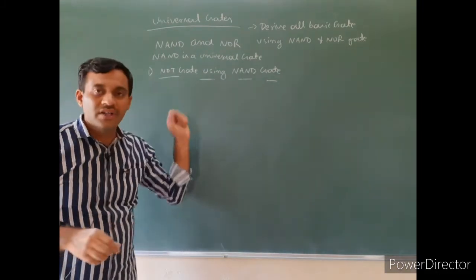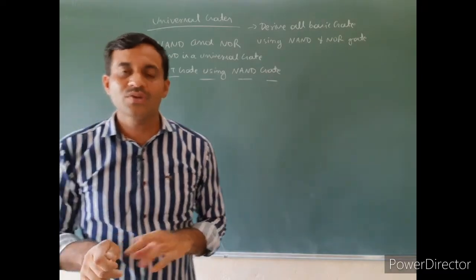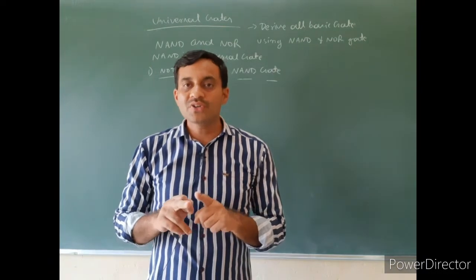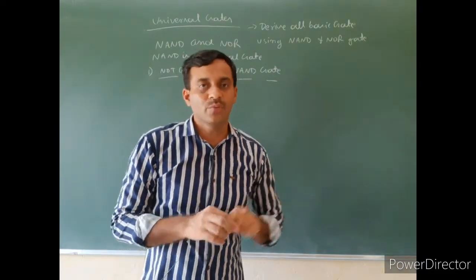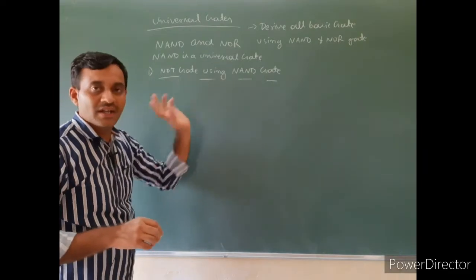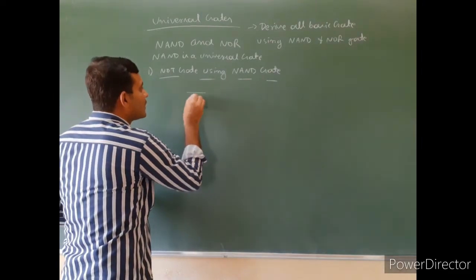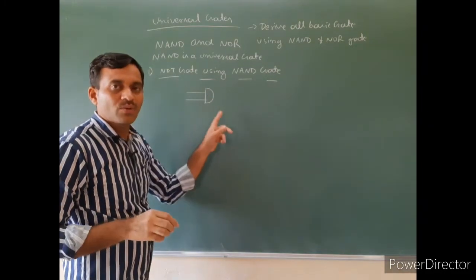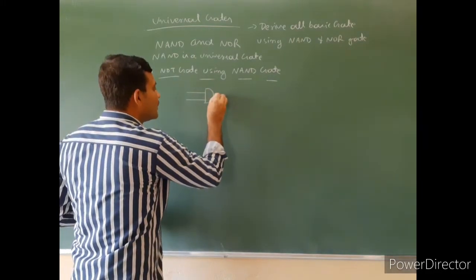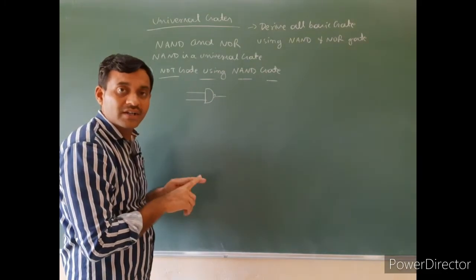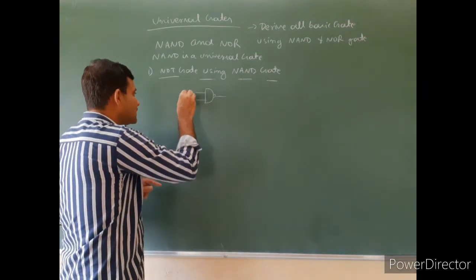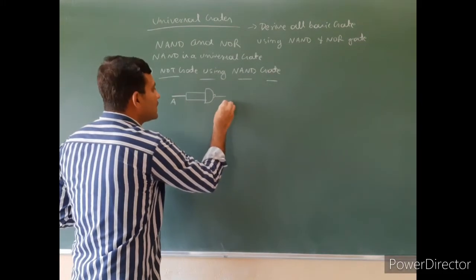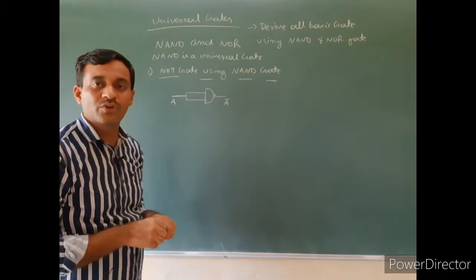What is the principle of the NOT gate? We know that the NOT gate accepts only one input signal and produces only one output signal. The output is the complement of the input. Then how to derive the NOT gate using the NAND gate? NAND accepts two or more inputs and produces only one output signal, but the NOT gate accepts only one input signal. See here, this is the input signal. If it is A, then the output is A bar.